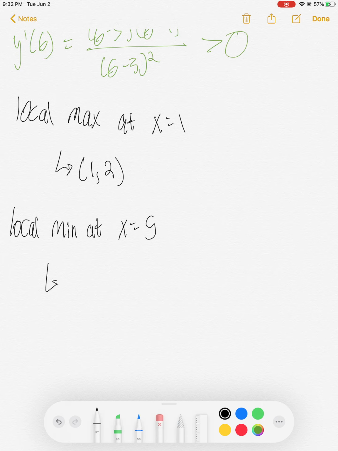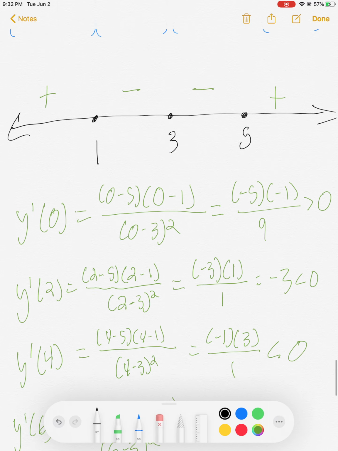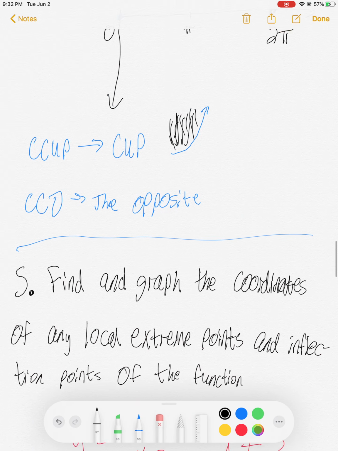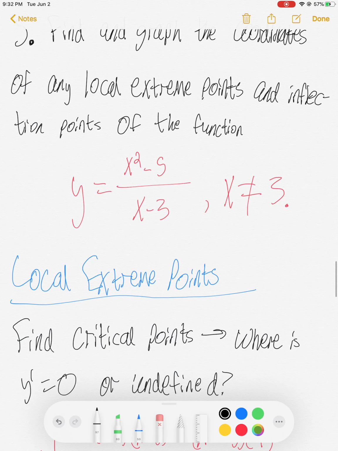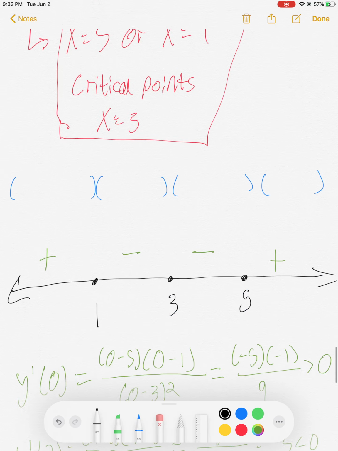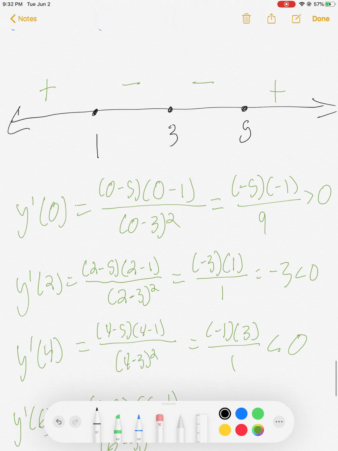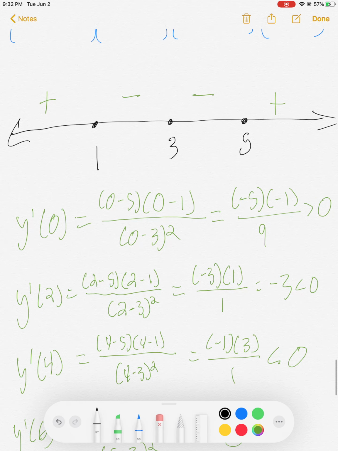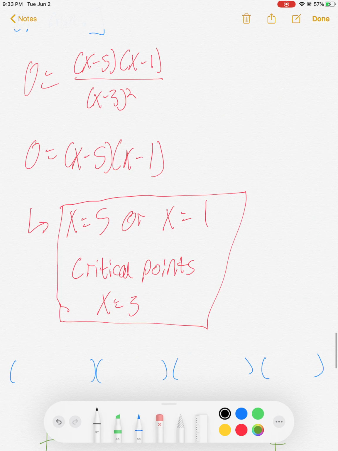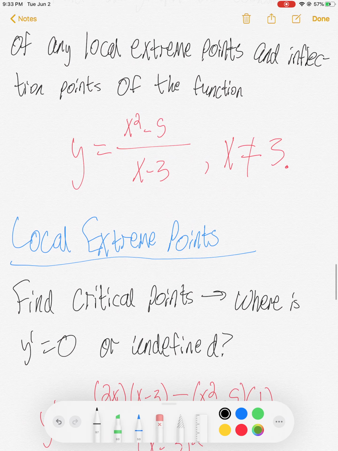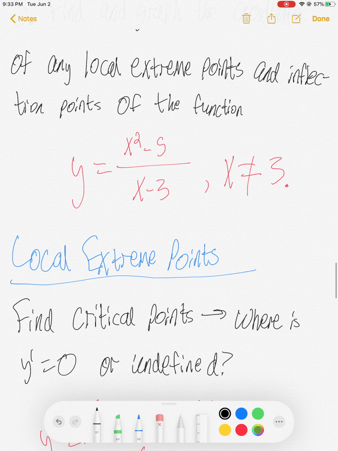We do have, however, a local min at x equals 5. Let's go ahead and plug that into our function: 5 squared minus 5, so that's going to be 20 over 2 is going to be 10, I believe.